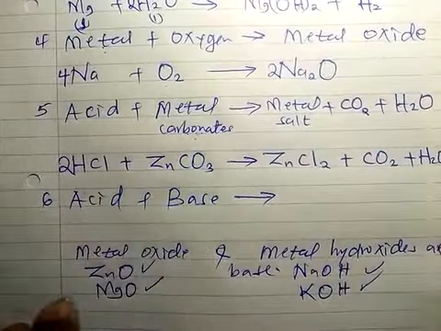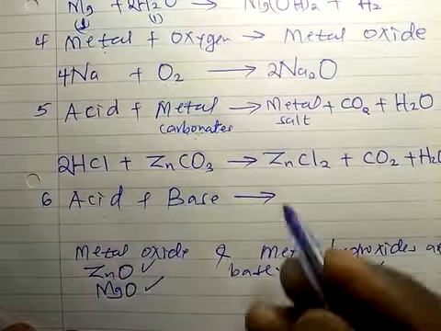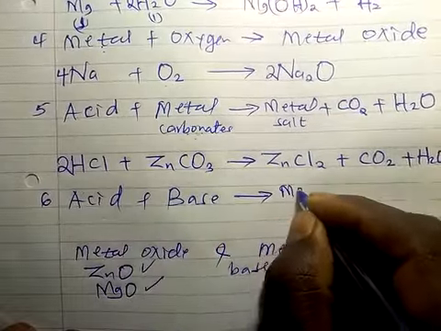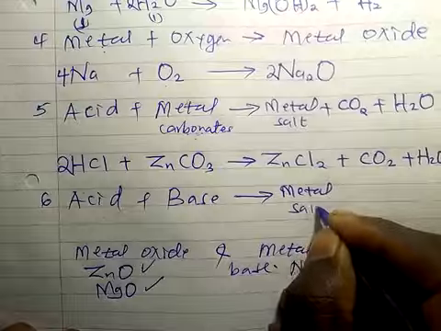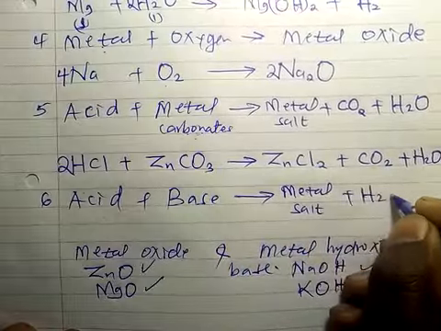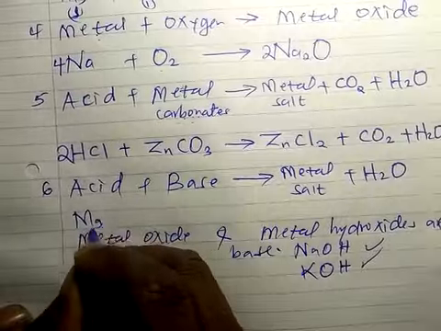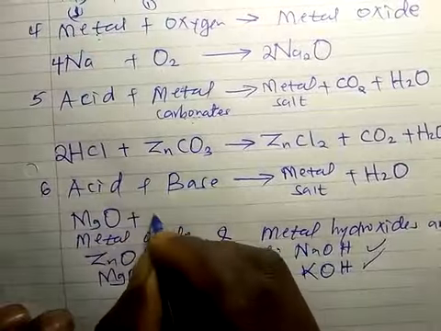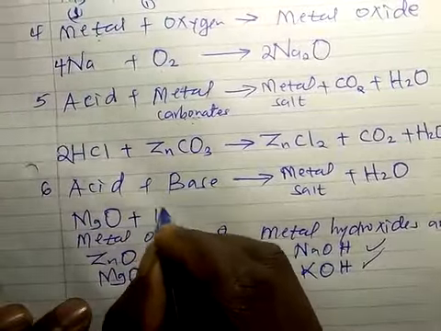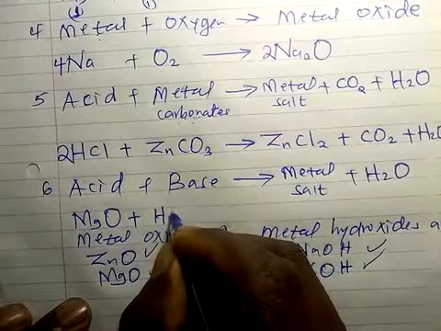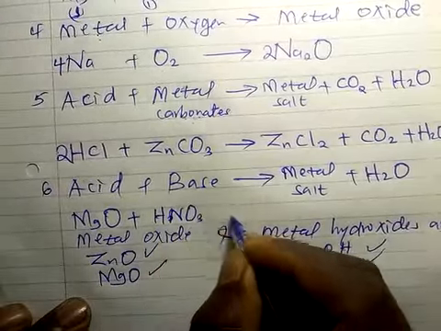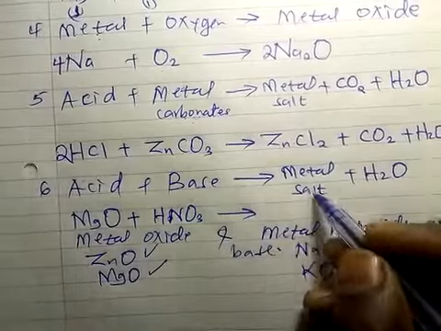So an acid plus a base will give you the metal salt plus simply water. For example, magnesium oxide plus nitric acid, nitric acid is HNO3. It forms the metal salt.